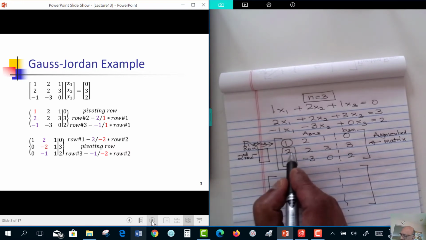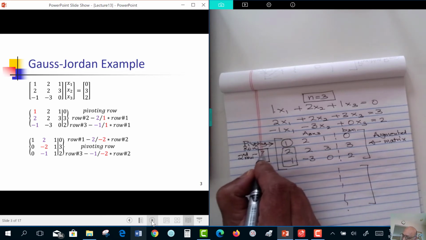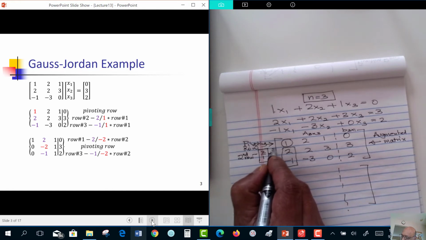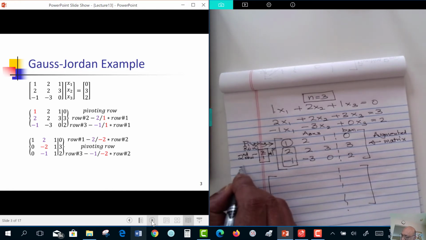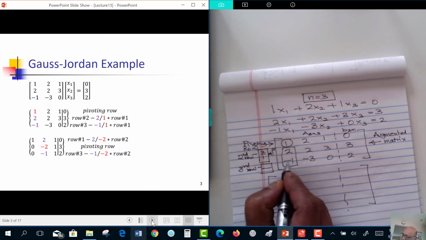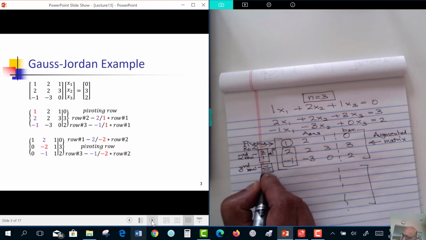So our multiplier is, we want to get a 0 here, so 2 divided by 1 times our first row. For third row, our multiplier is going to be minus 1 over 1 times the first row.